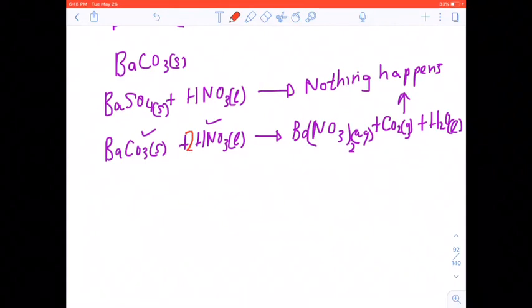So here we got 2 nitrates on the right and 2 nitrates on the left. We got 2 hydrogens on the left, and we got 2 hydrogens on the right. How many oxygens have we got? We got 2 plus 3, 6.